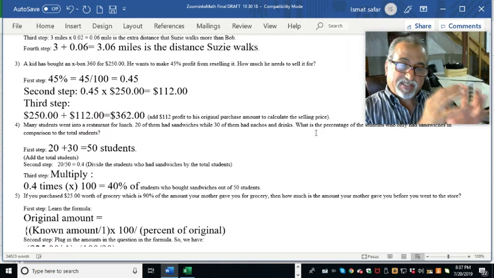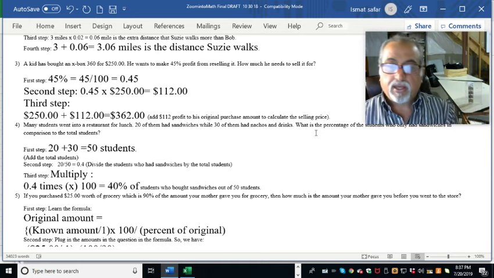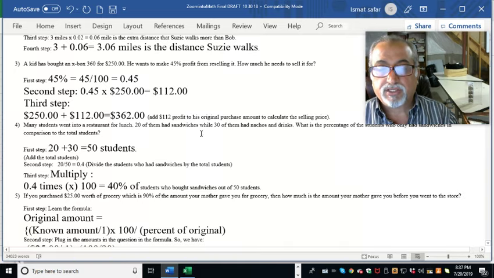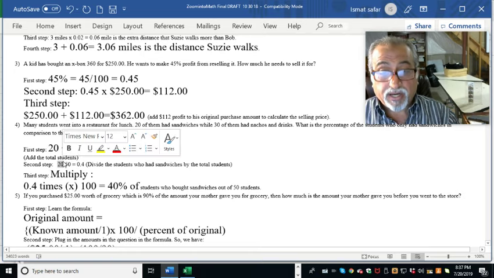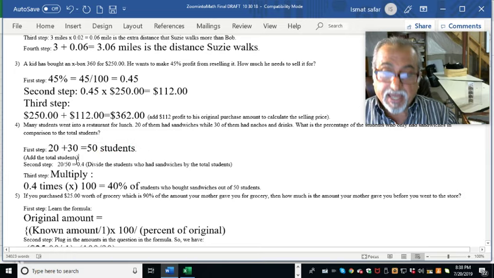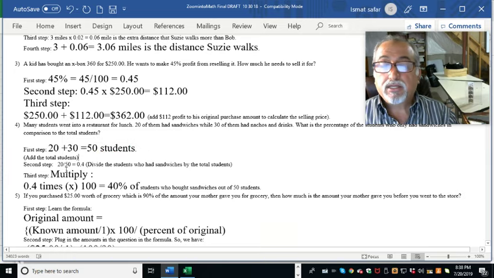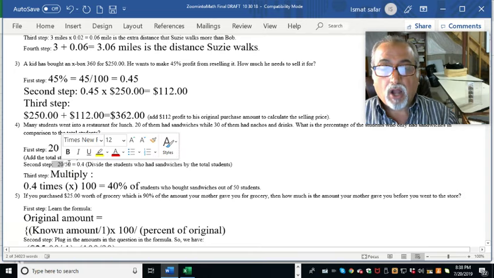Which means what percent of the students had sandwiches. The first step is 20 plus 30 is 50 students. The second step is, how many people had sandwiches? 20, right? So we just divide the 20 who had sandwiches by 50.